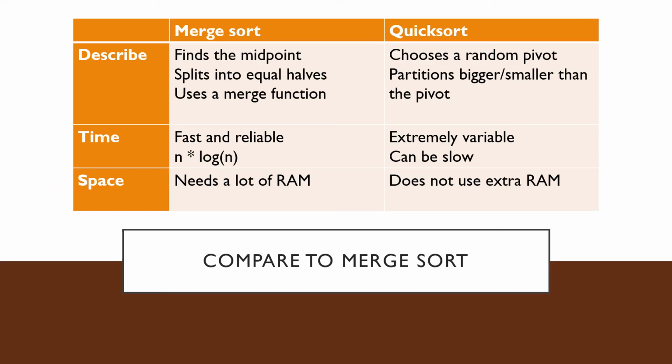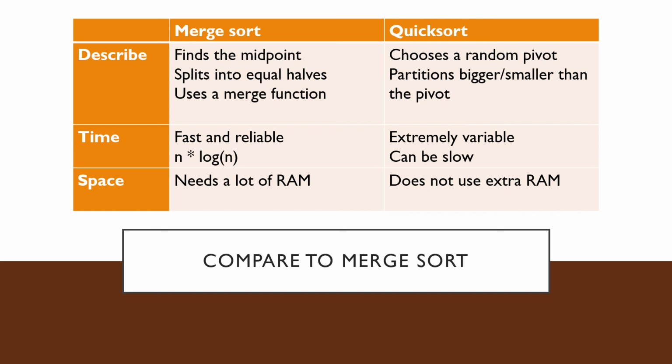Quicksort and merge sort are the two fast sort algorithms that we learn on this course. So let me just briefly compare them to each other. Merge sort works by finding a midpoint, splitting the list into equal halves and using a merge function. Quicksort, instead of finding a midpoint, uses a random value called the pivot and partitions it in place to either side of the pivot.